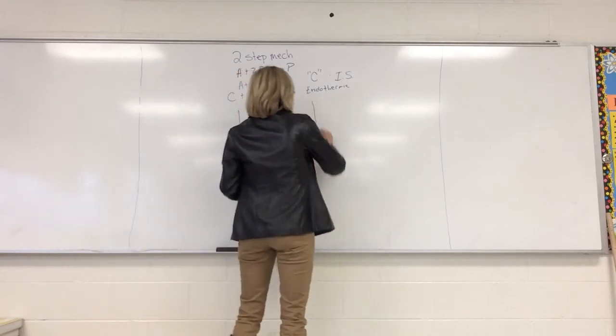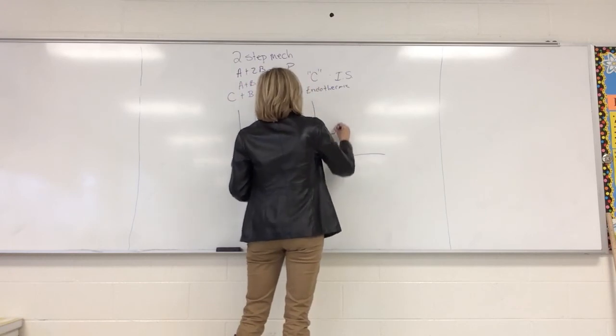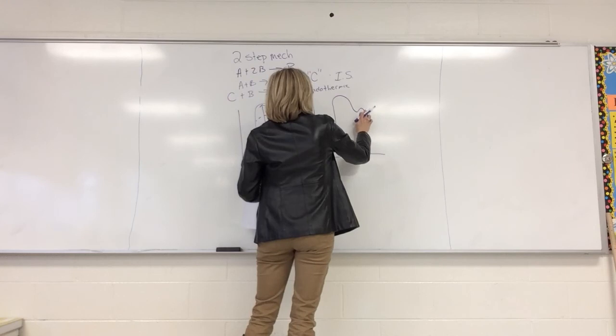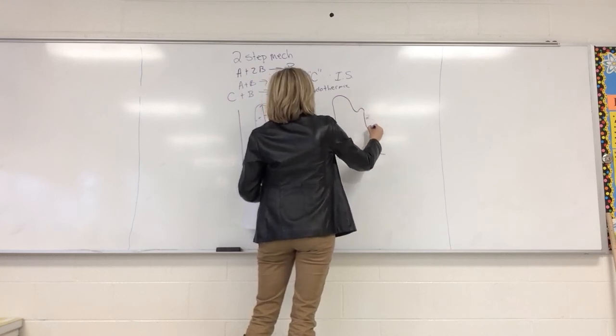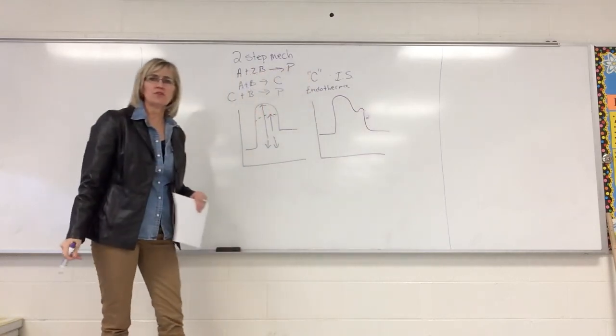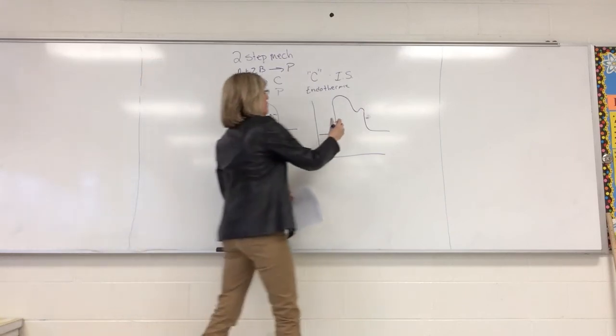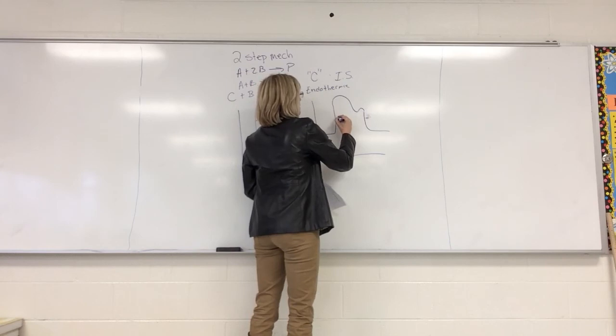If this were a multi-step, so let's draw this really weird looking. Sorry. Okay? Let's say this is your reaction. It's two steps that forms one intermediate species. Well, we might do this.